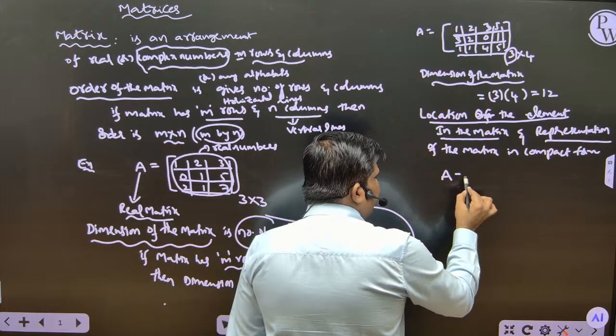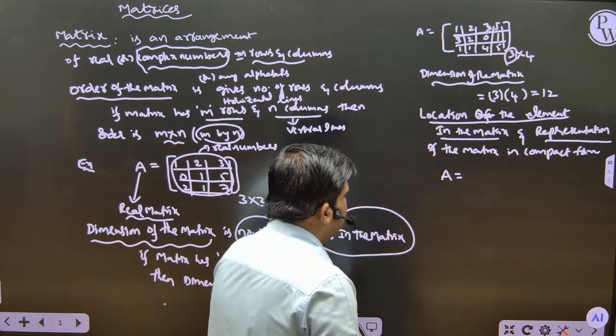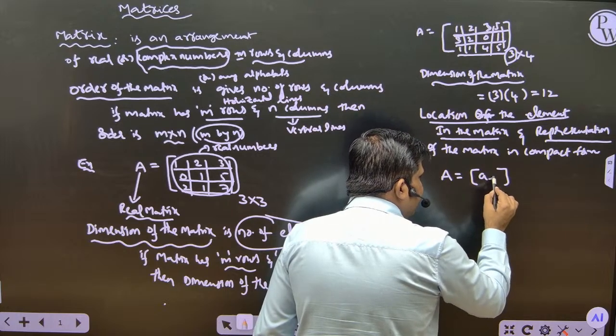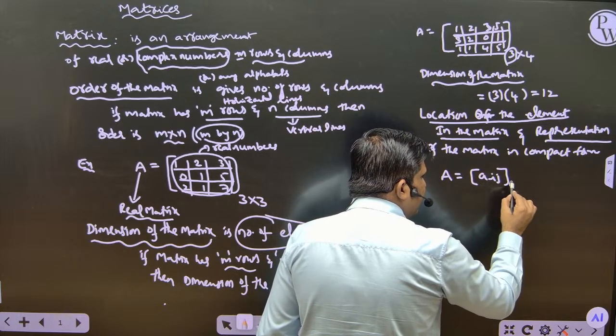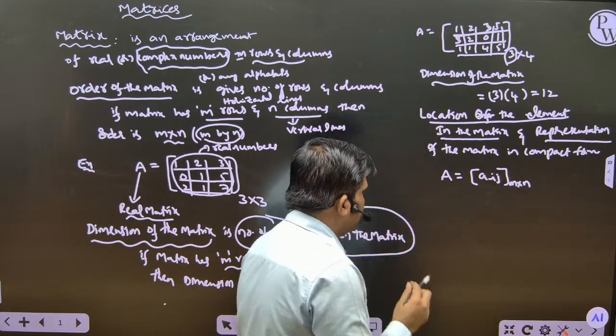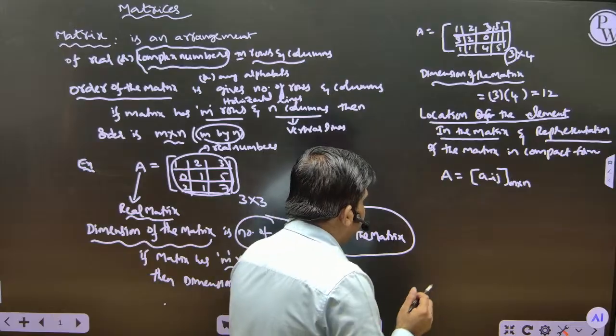For example, A is the matrix which you can write down like this: A suffix ij, m cross n. So what does it mean?